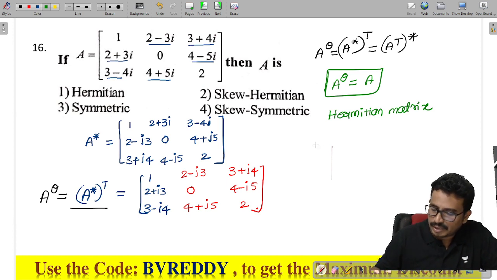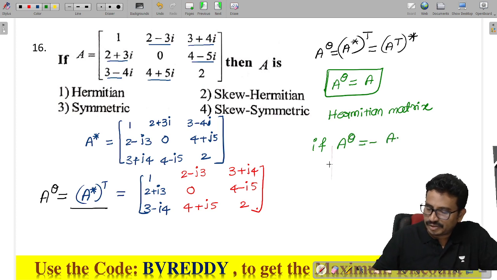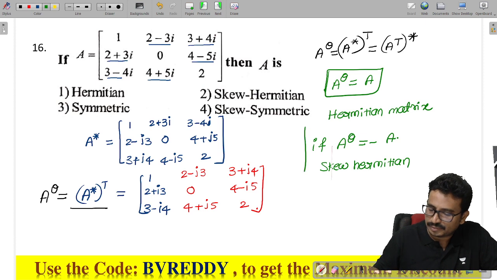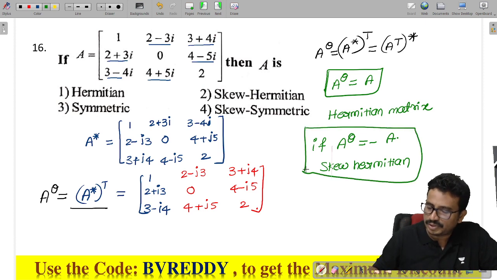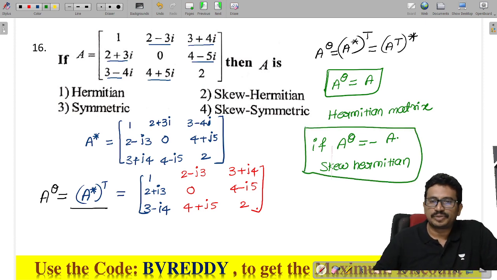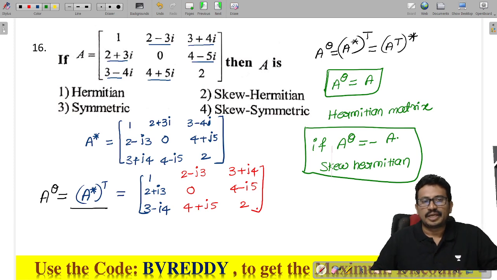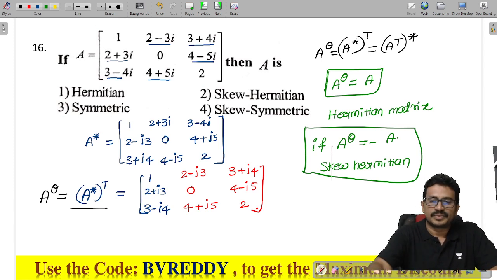And in some other problem, if A theta is equal to minus A, then I can call this matrix a skew Hermitian matrix. In this case, A theta equals plus A, so this is a Hermitian matrix.